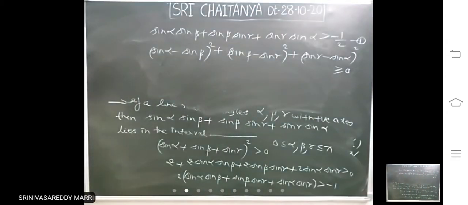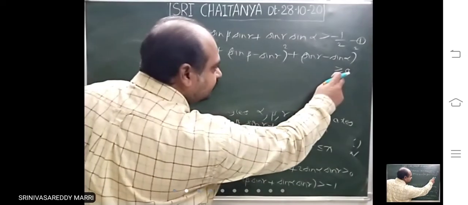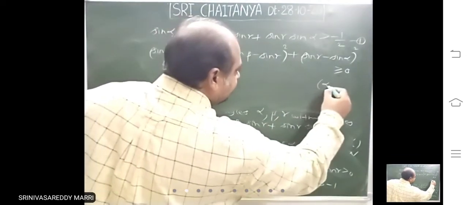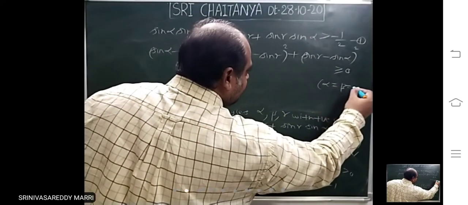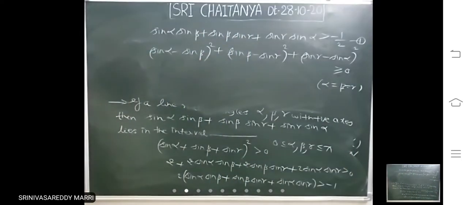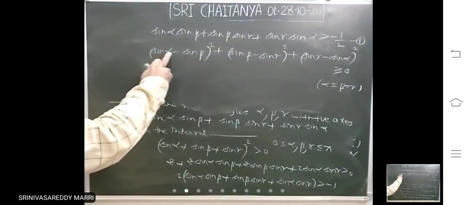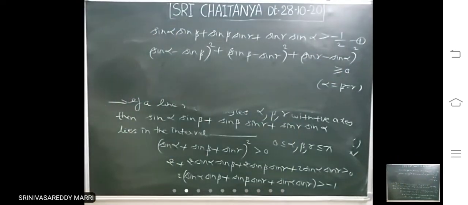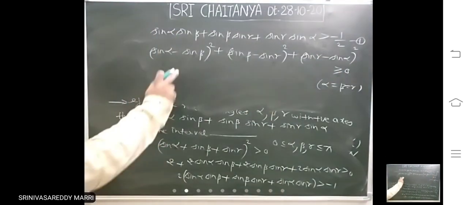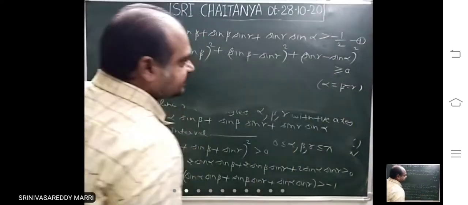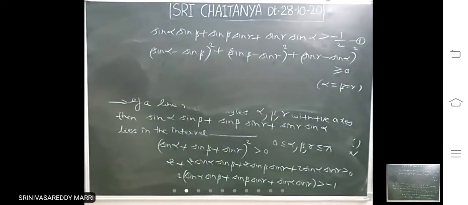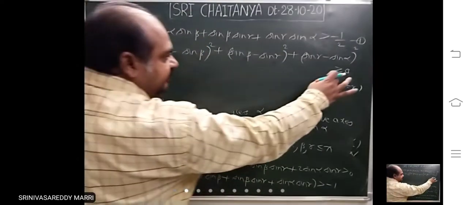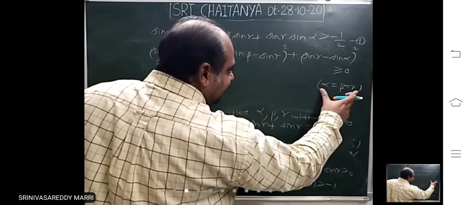When will it be 0? If alpha equal to beta equal to gamma, then it will be 0. Therefore, as they are perfect squares, this inequality is greater than or equal to 0, and it will be equal to 0 when all the three angles are equal.